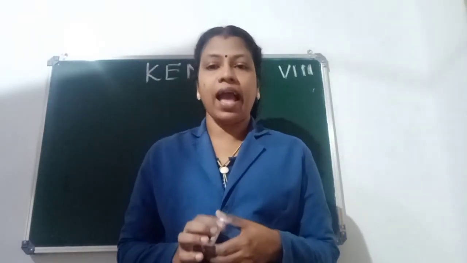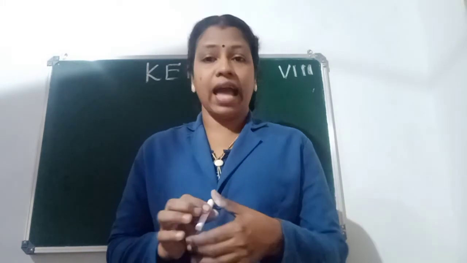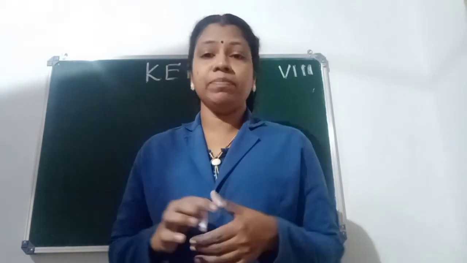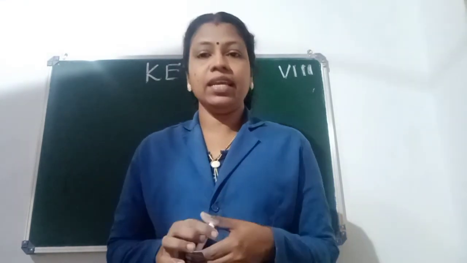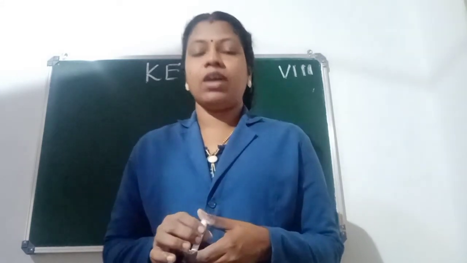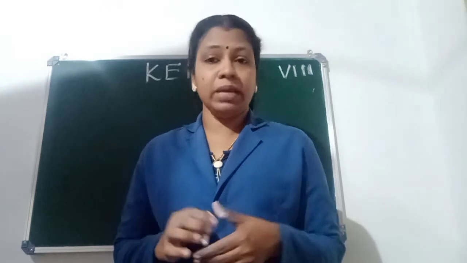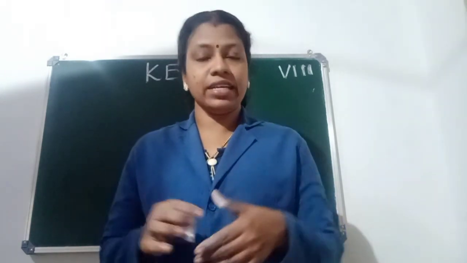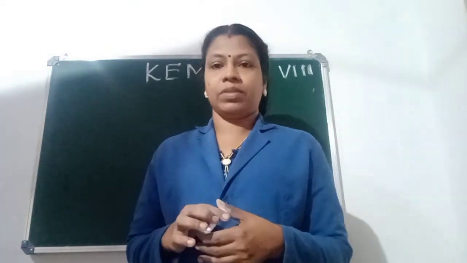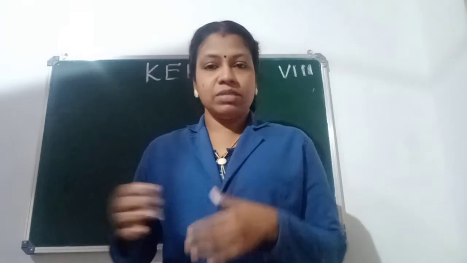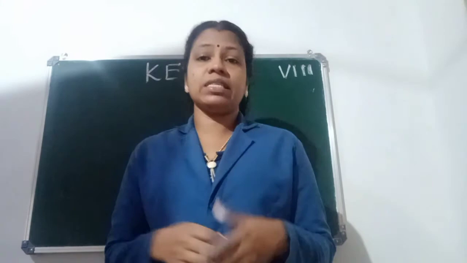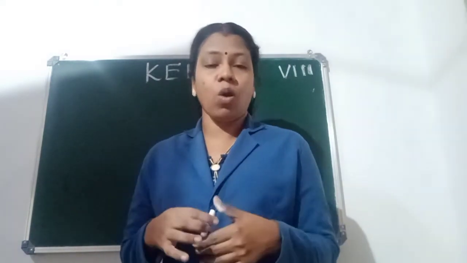Now like and unlike terms. Like terms are formed from the same variables, and the powers of these variables are the same. The coefficients of like terms need not be the same. So, like terms means the variables are the same and the powers of the variables are also the same.